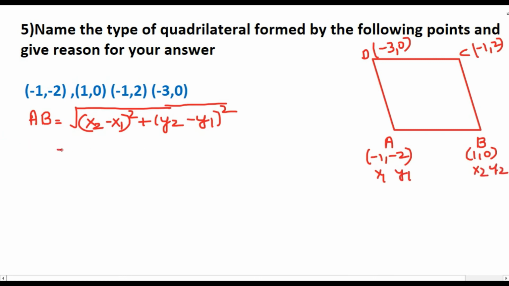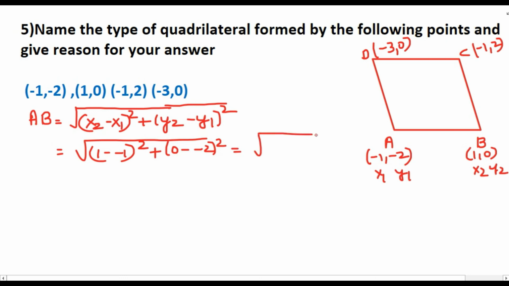So when I take x2 here, (1 minus 1) the whole square plus (0 minus 2) the whole square. So we have 1 plus 1 is 2, 2 square, plus minus 2, minus into minus is plus 2, the whole square, which is equal to 4 plus 4, square root of 4 plus 4 is root 8. So this is root 8.